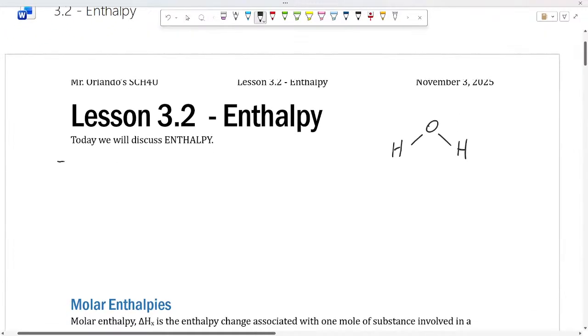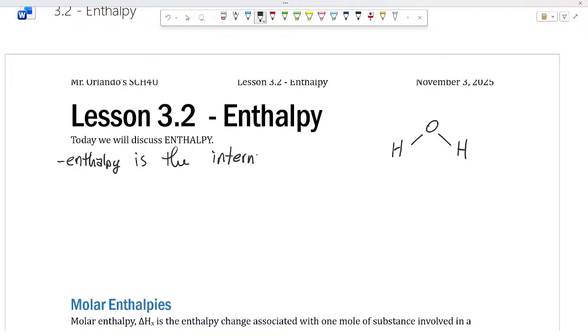So enthalpy is the internal energy of a system.